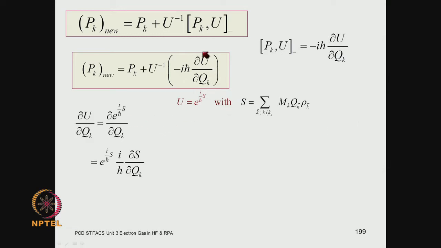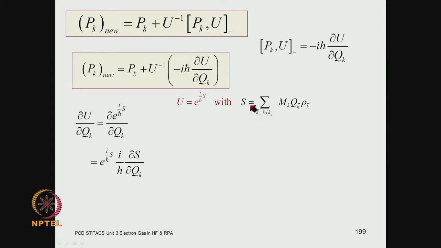Now let us ask what this ∂U/∂Q_k is. So ∂U/∂Q_k we find explicitly, which is ∂/∂Q_k of this unitary transformation, which is e to the i over ħ S. So now we have to find e to the power i over ħ S, and then we must find the derivative of S with respect to Q_k.